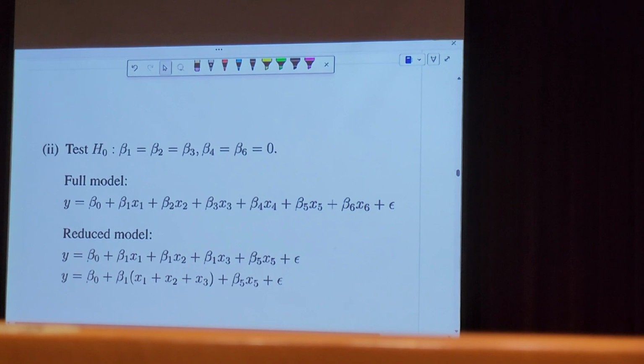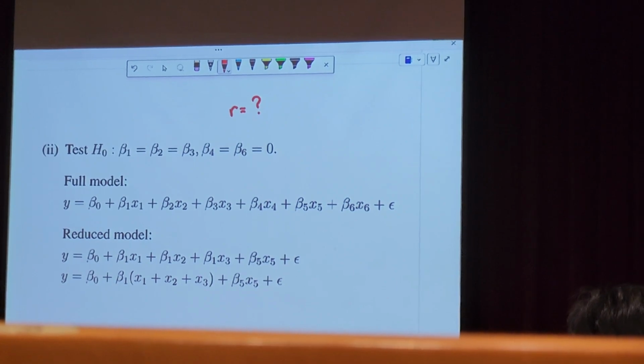Second case. Here, I want to test beta 1 equal to beta 2 equal to beta 3, beta 4 equal to beta 6 equal to 0. So, can I ask you what is R here? R is the number of constraints on beta that we are testing.